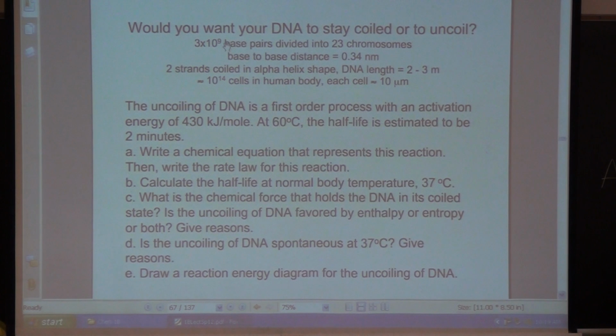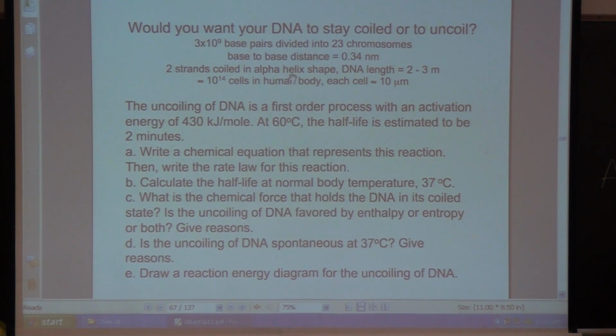Before we go on, I looked at this information. There's 3 billion base pairs in our DNA, split up into 23 chromosomes. The base-to-base distance in a base pair is 0.34 nanometers, a very short distance. There are 2 DNA strands coiled in an alpha helix shape.